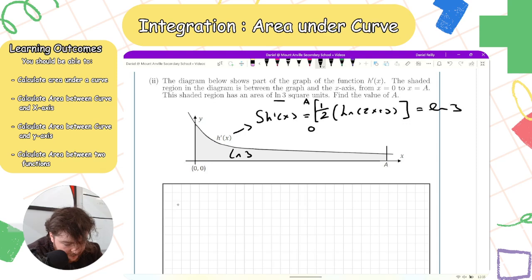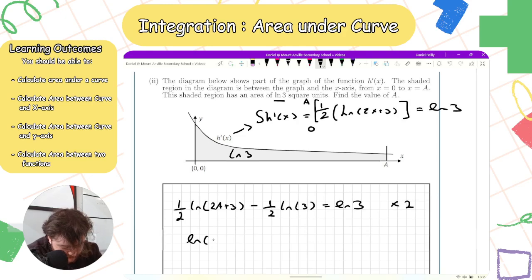So that is going to be a half ln of 2a plus 3 minus a half ln of 3 equals ln of 3, because 2 times 0 is 0. Multiply across by 2.